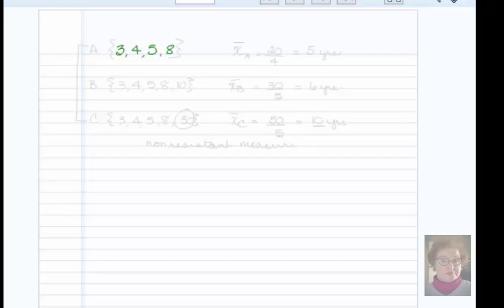I want to find the mean of this data set, set A. So the mean of set A will be 3 plus 4 is 7, plus 5 is 12, plus 8 is 20, divided by 4. So the mean age is 5 years. Now, let's say that in set B I have these same 4 children.